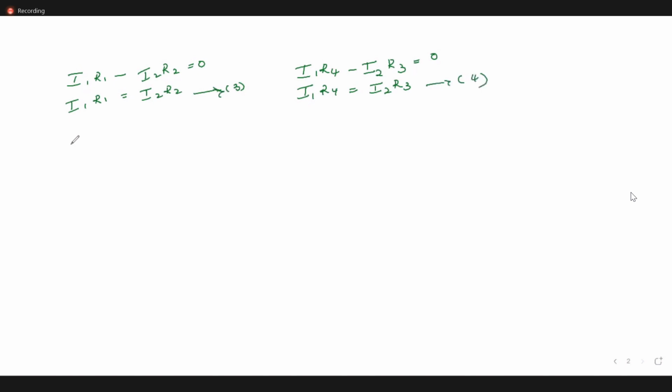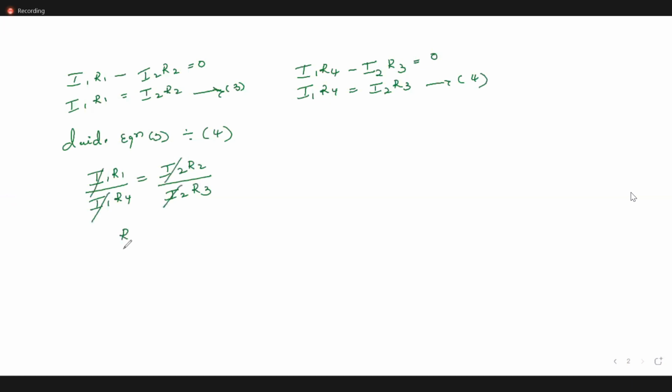So now divide equation 3 by equation 4. So what is equation 3? It is I1 R1 divided by I1 into R4, which is equal to I2 into R2 divided by I2 into R3. So let me cancel I1 and I2, and R1 by R4 is equal to R2 by R3.